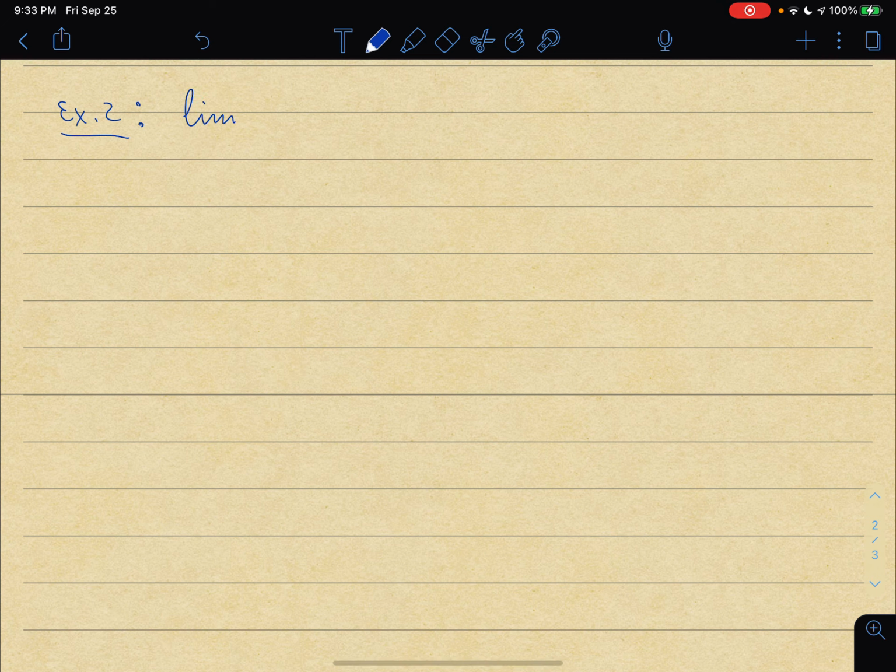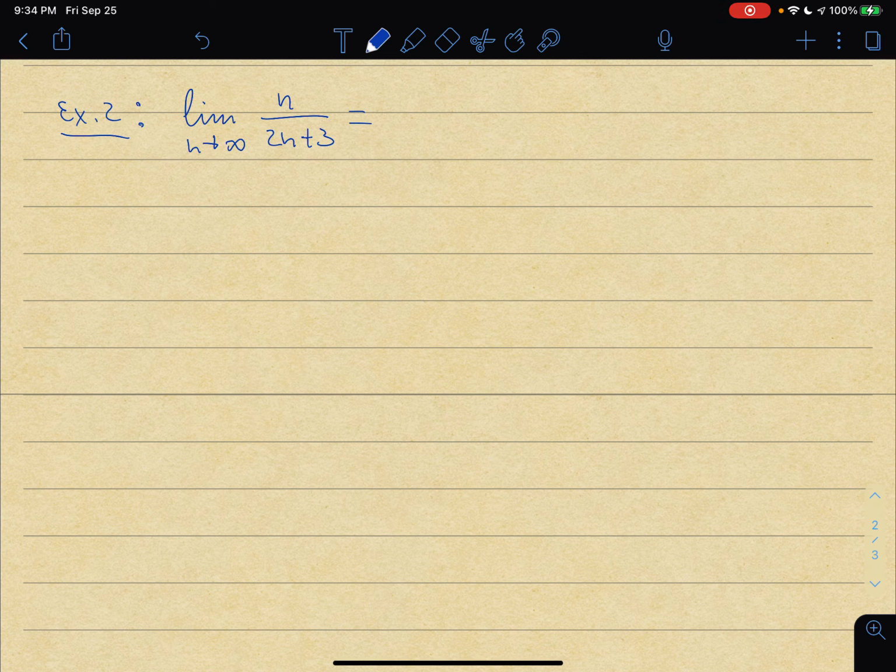Limit as n goes to infinity, and then maybe let's take n divided by, maybe let's say 2n plus 3.